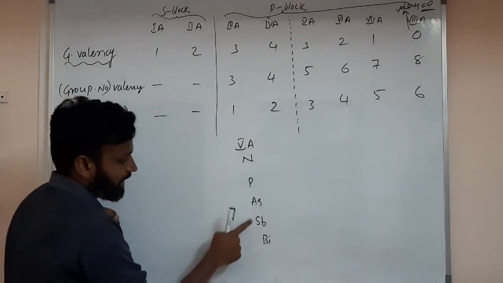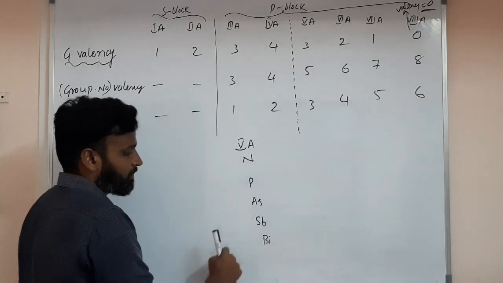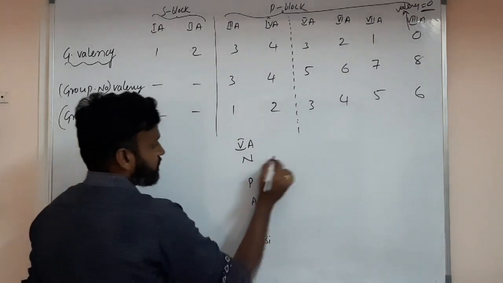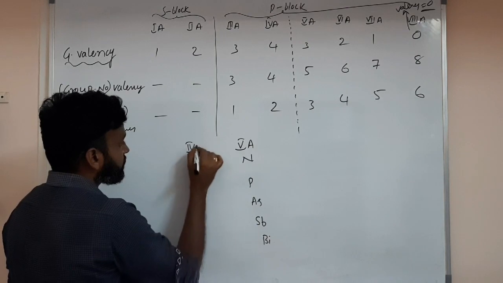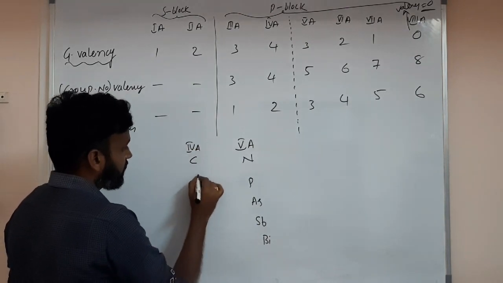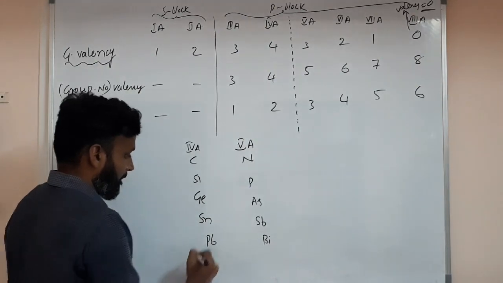And the carbon family means 4th A: carbon, silicon, germanium, tin Sn and lead Pb.